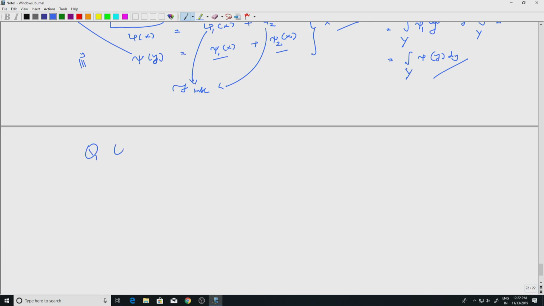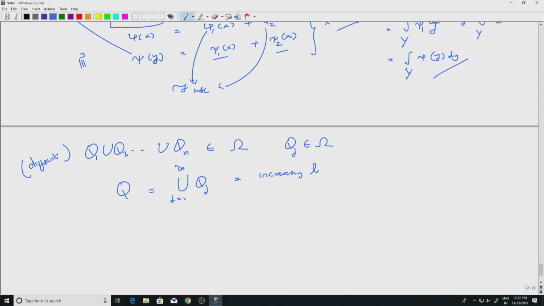So I have Q1, Q2 etc. The union of Qn will be in omega, right, if this is a disjoint union, they will be in omega if the Qj are in omega, right. But then Q is the union of Qj, j equal to 1 to infinity, which is the increasing limit of the union k equal to 1 to n of Qk, right.